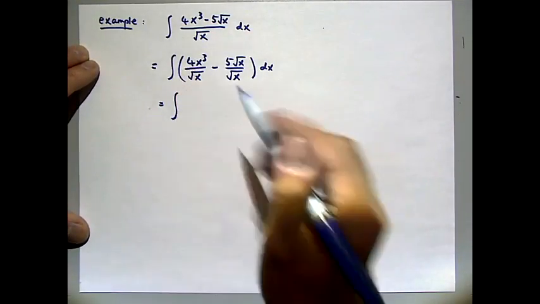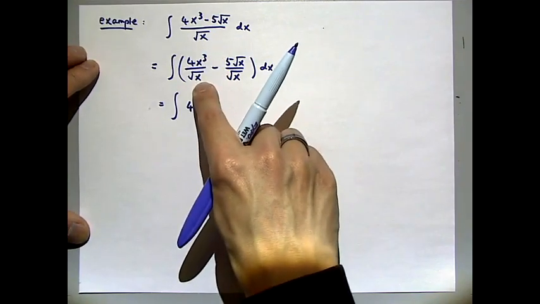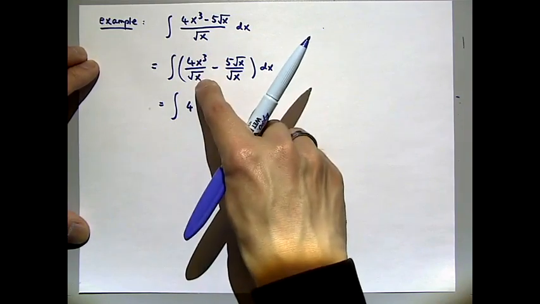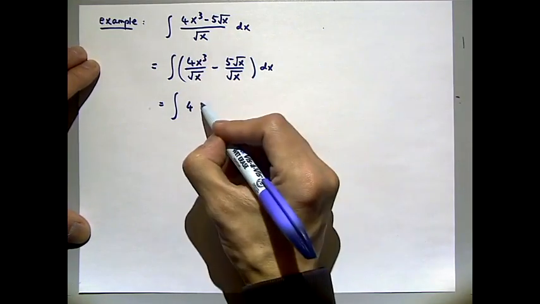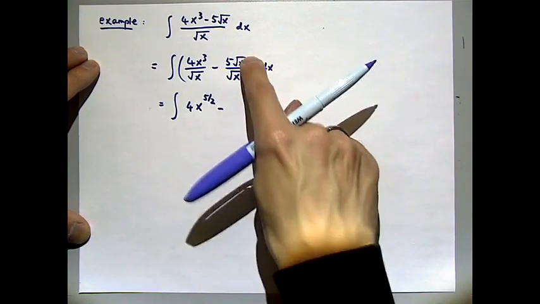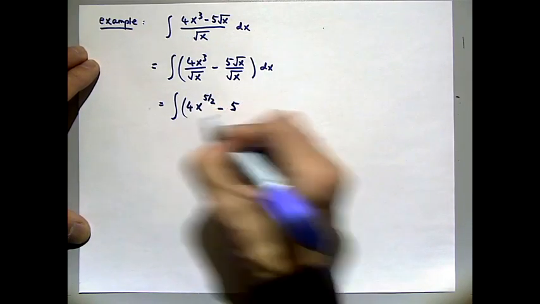So here I'm going to get 4 times x to the third over x to the 1/2. The net difference is x to the 2.5, or 5 over 2. This one here, the 2 radical x's go away, so we just get a 5.